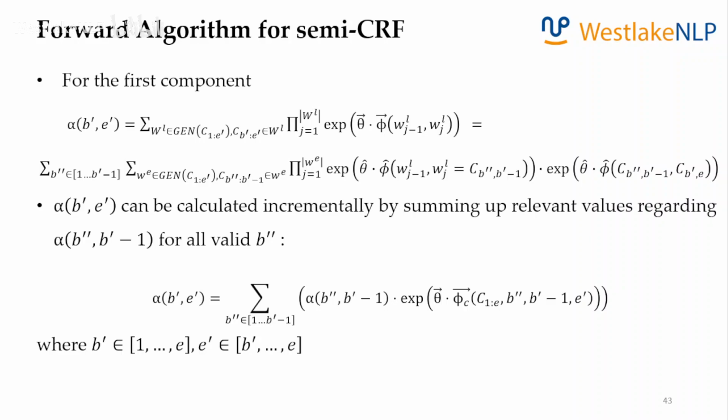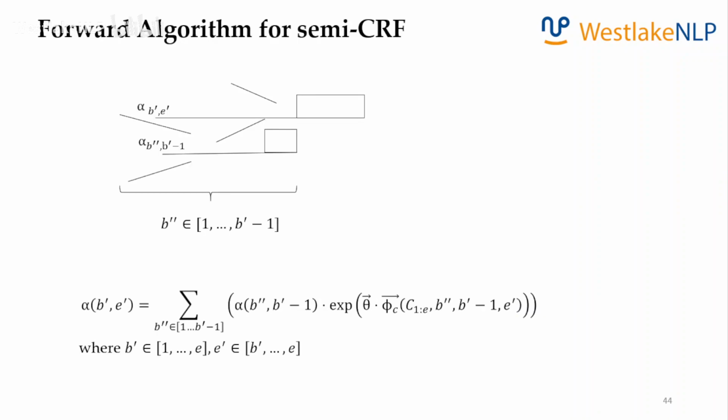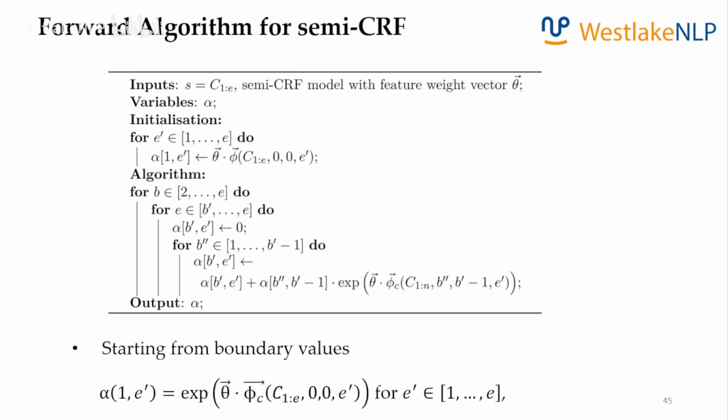I'll skip it. So next slide shows you a figure to illustrate how this incremental calculation is done, okay? So each incremental step, enumerate all possible B prime prime, and you sum everything up to calculate alpha B prime E prime, okay? And pseudocode is shown in the next slide.